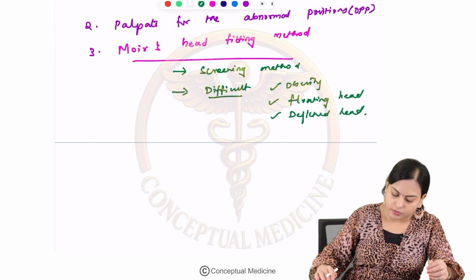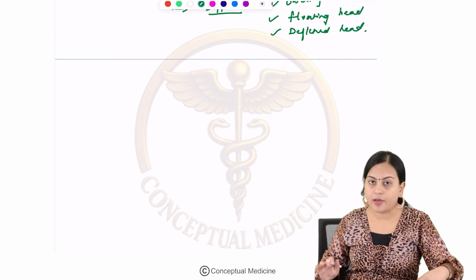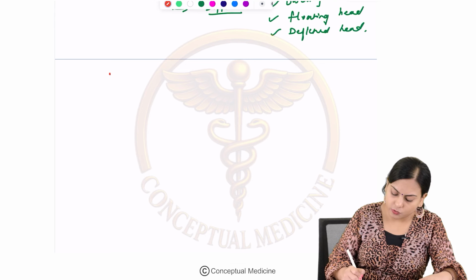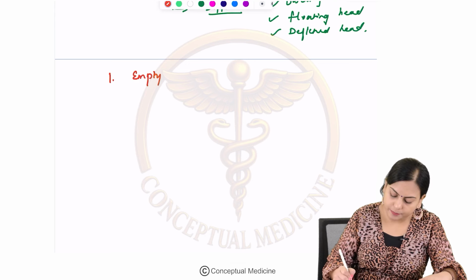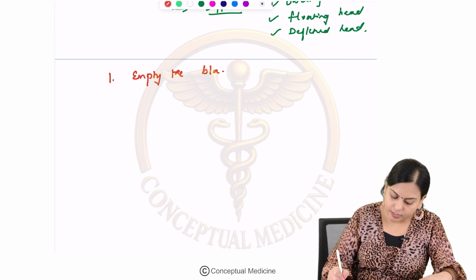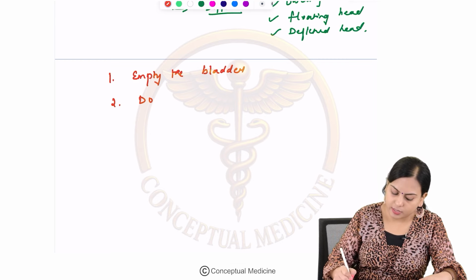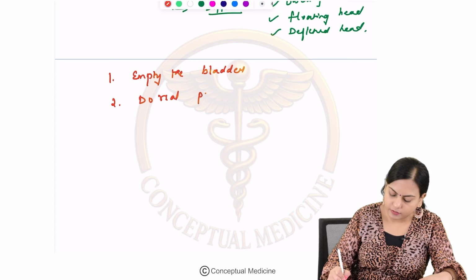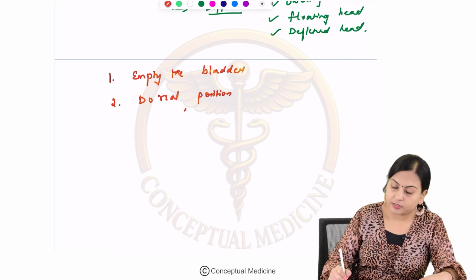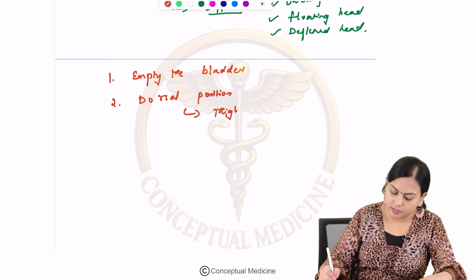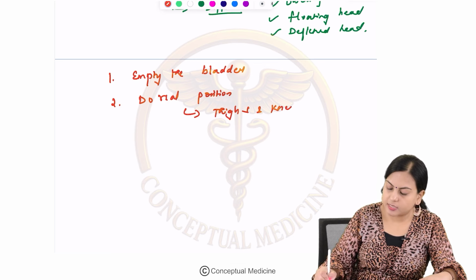So, what you have to do is, you have to ask the patient to empty the bladder first, then the patient should be kept in a dorsal position with thighs and knees semi-flexed and adducted.